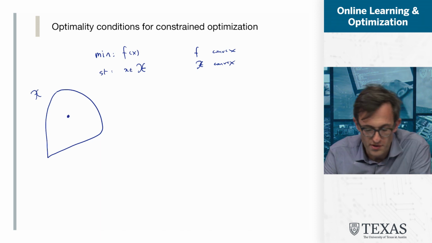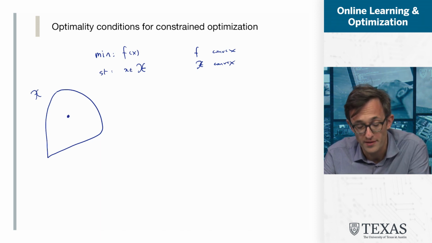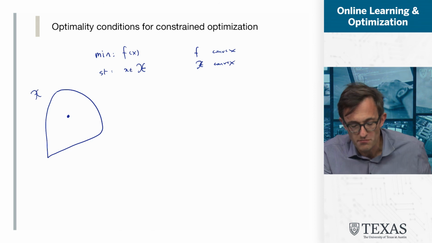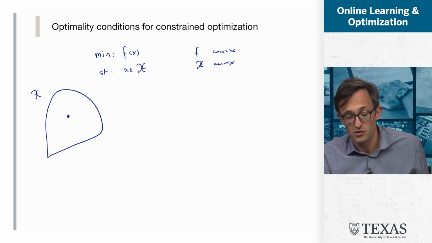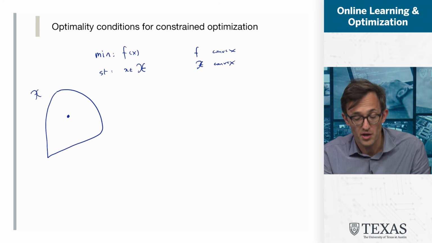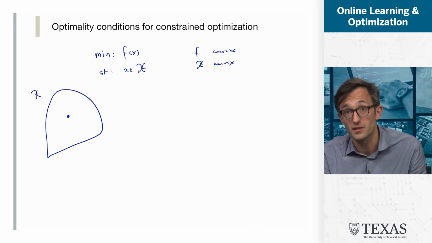So what do I need for this point here to be optimal, right in the center? Well, you can see that I can move in any direction. The set X is not a constraint. So this is really, for this point to be optimal for this problem, it should also be optimal for the unconstrained problem.